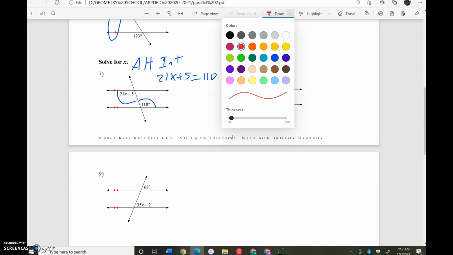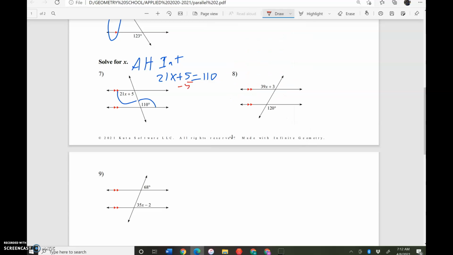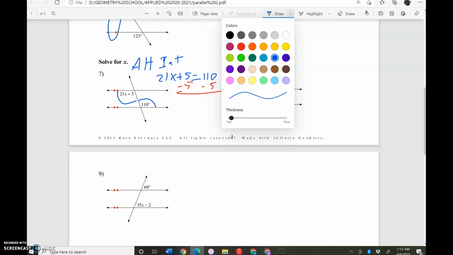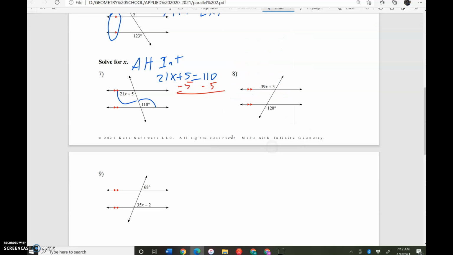So I can subtract 5 from both sides. That gives me 21x is equal to 105.